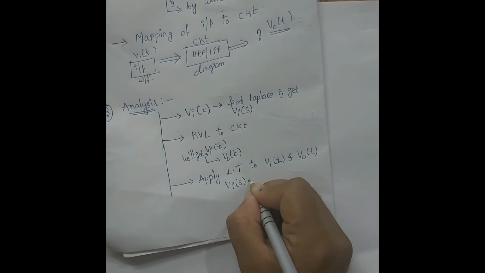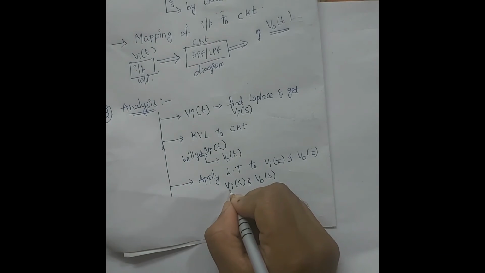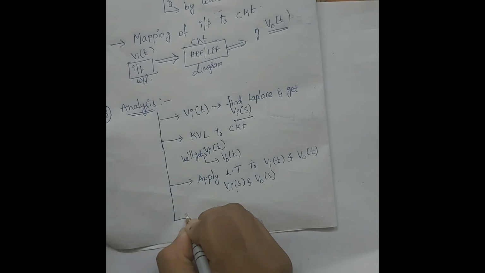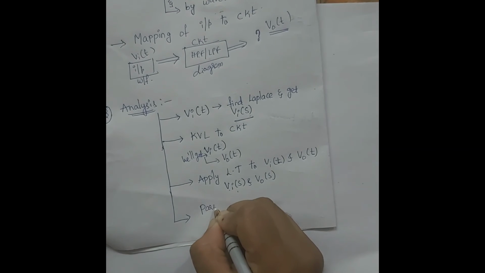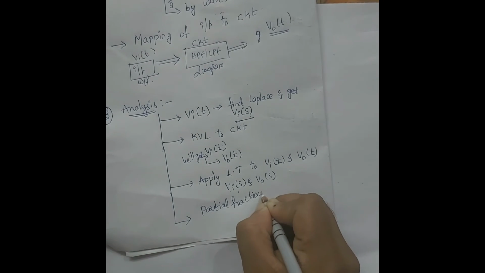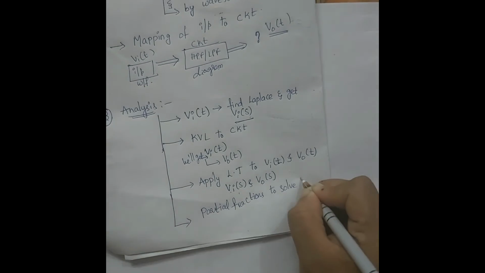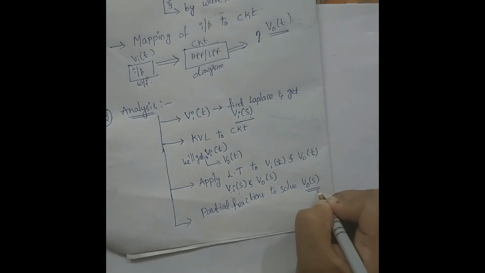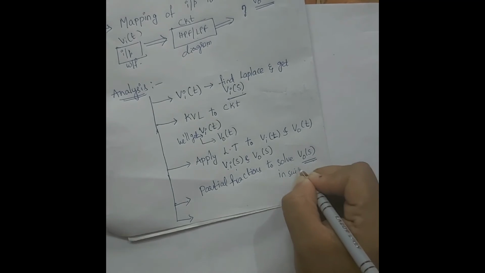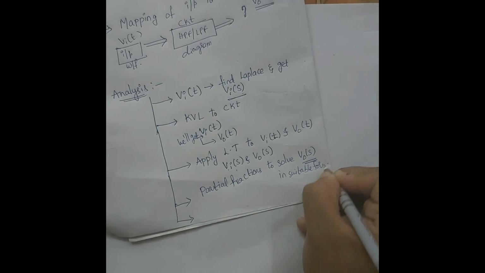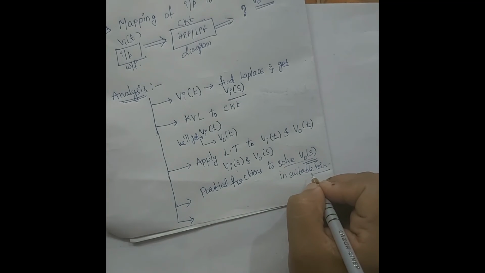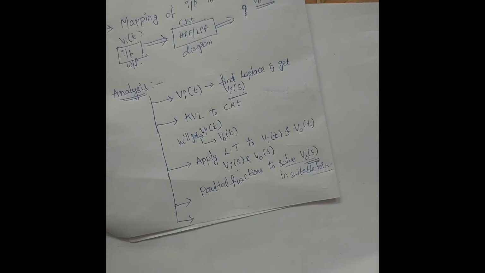Vi of S and V naught of S. We already have Vi of S. That will be substituted here, and somewhere in the middle, if needed, we'll use partial fractions to solve for V naught of S. Finally, we have to get V naught of S in suitable form, that means the form should be compatible for applying the inverse Laplace transform to get V naught of t.